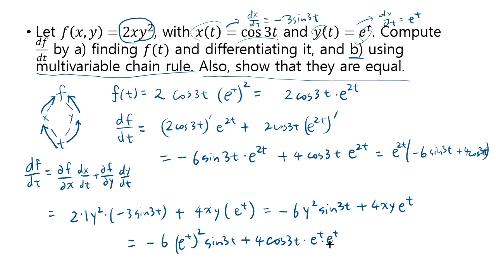E to the t times e to the t is e to the 2t. Same thing here, e to the 2t, right? So you can factor the e to the 2t out. And what's left is exactly negative 6 sine 3t plus 4 cosine 3t, and you're done. Okay? So that's how you use the multivariable chain rule.